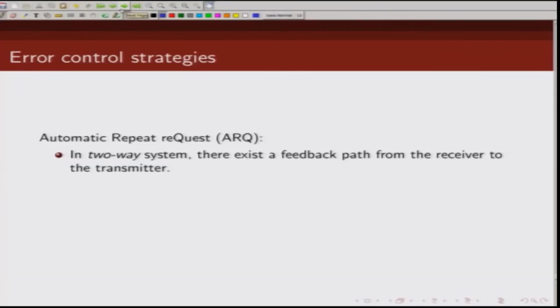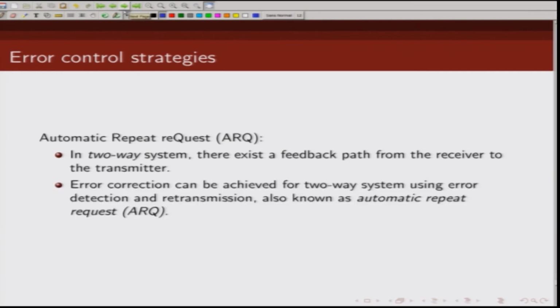Now, in some cases, we have a mechanism of feedback from the receiver back to the transmitter. In those cases where there exists a feedback from the receiver to transmitter, we call these systems two way systems. For these systems, the error correcting strategy which is used is what is known as automatic repeat request. Now, how does this work? You initially send some coded packets where you just use parity bits for error detection.